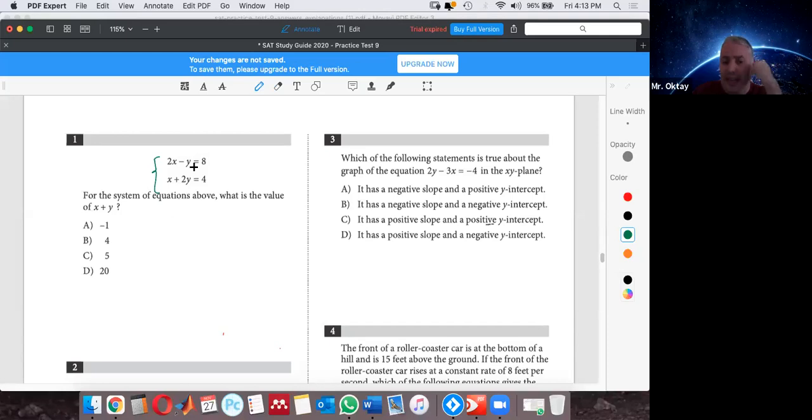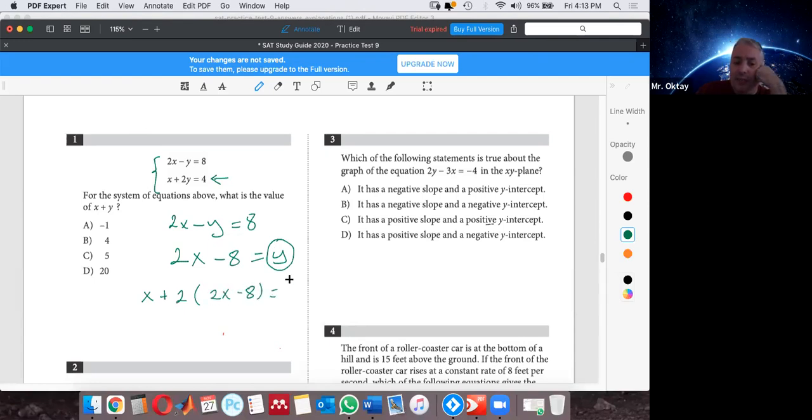The first way is express any variable in terms of other, like 2x minus y is 8. So 2x minus 8 is y. And take this y, put it in this second line. x plus 2 times y, which is this, equals 4, and find x is 4.